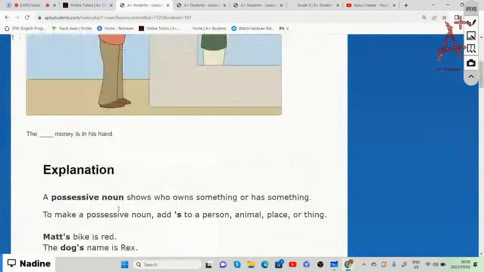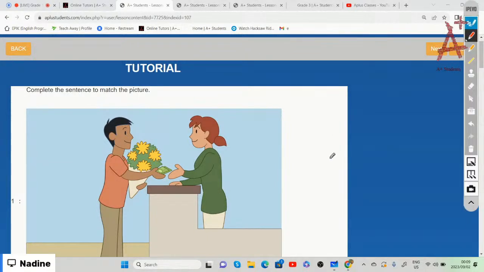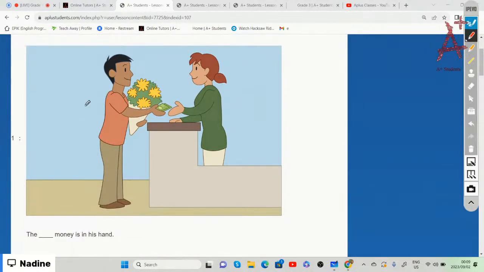We see a man over here, and this is a lady or a woman. Here they're saying the money is in his hand. So whose money is in his hand? Is it the man's money or the woman's money? Since they're saying his, we clearly know it is referring to the man.